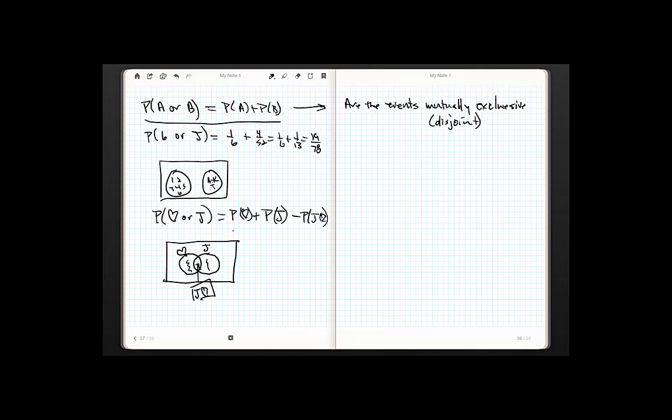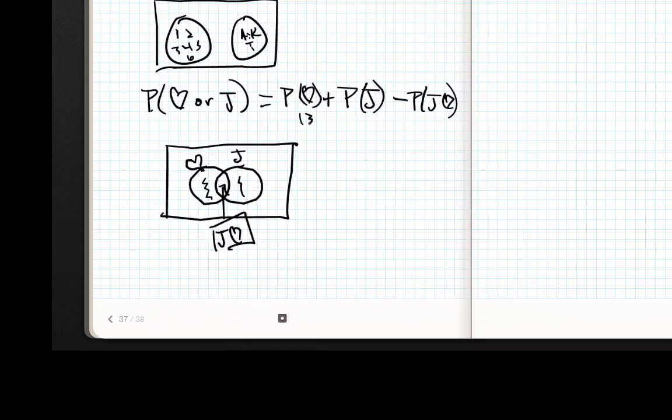Does that make sense? Think about it this way: there were 13 out of 52 hearts, and 4 out of 52 jacks, but the jack of hearts got counted in both sets. So I have to subtract out one of those times that it got counted.